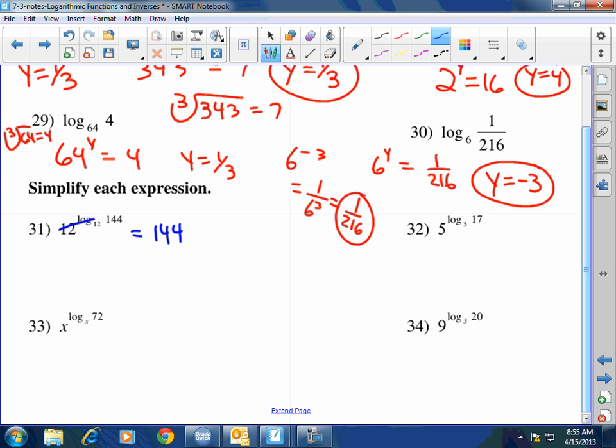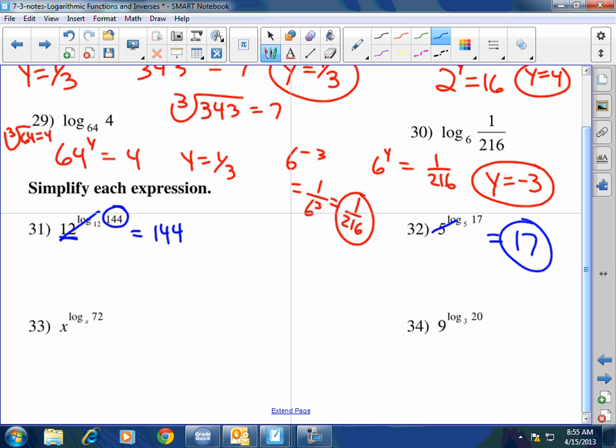Look at number 32. 5 to the exponent of log base 5 of 17 is going to equal 17 right off the bat. That value is 17 because in this first one, the base 12 and the log of base 12 are inverses.